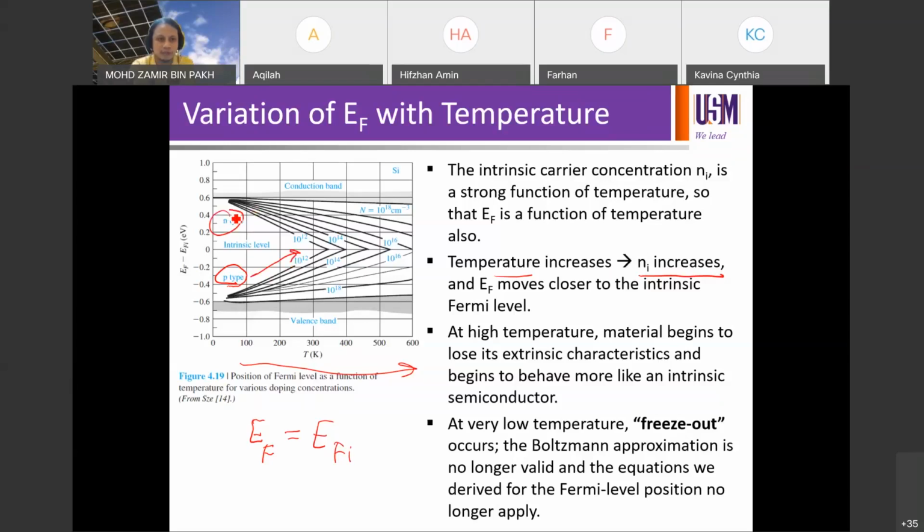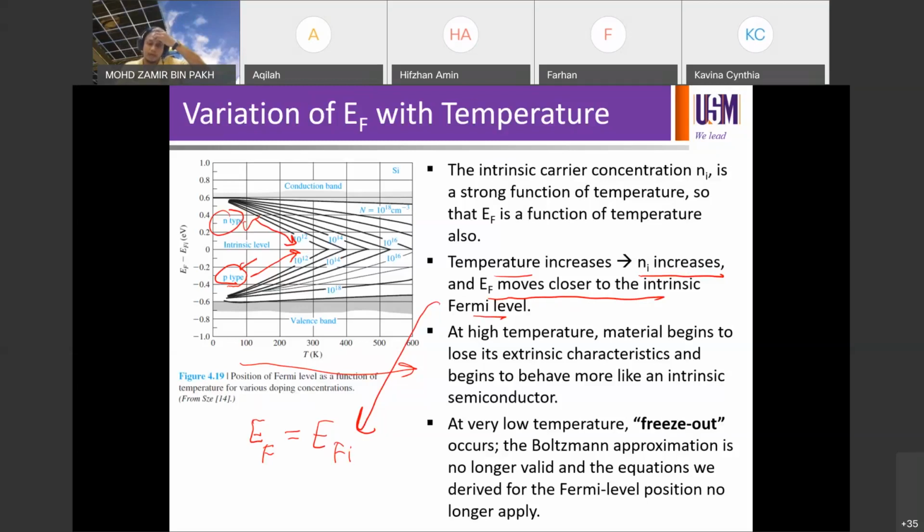If you start with an n-type, it's going to move down to 0, heading to the center, right? So as a result, your EF moves closer to the intrinsic Fermi level. At high temperature, the material begins to lose its extrinsic characteristics. So remember, you start off with extrinsic, either p-type or n-type, right? You dope your silicon.